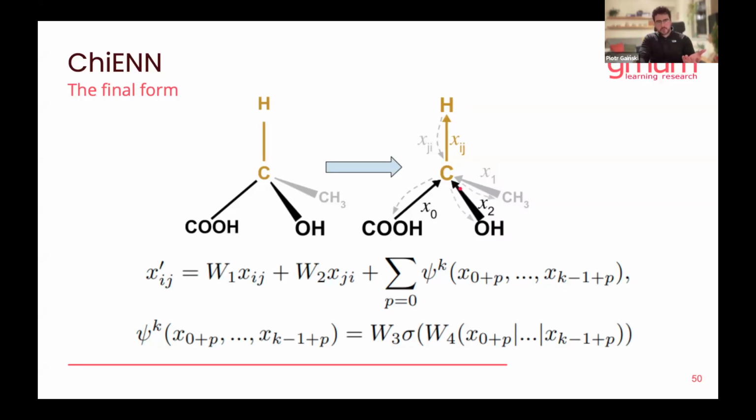However, in molecules it's not necessary, because in our data set there was only one edge that was parallel to that central edge. So we can simply embed it outside the neighbors. It's like we are not treating this edge as a neighbor of that edge. We are treating it somehow distinctly. Okay, everything is clear here, more or less.